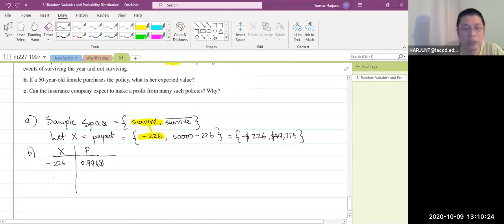Now the probability that her estate, not her of course, her estate will get the $50,000 is the remaining probability. It needs to add up to 1. So this will be 0.0032.